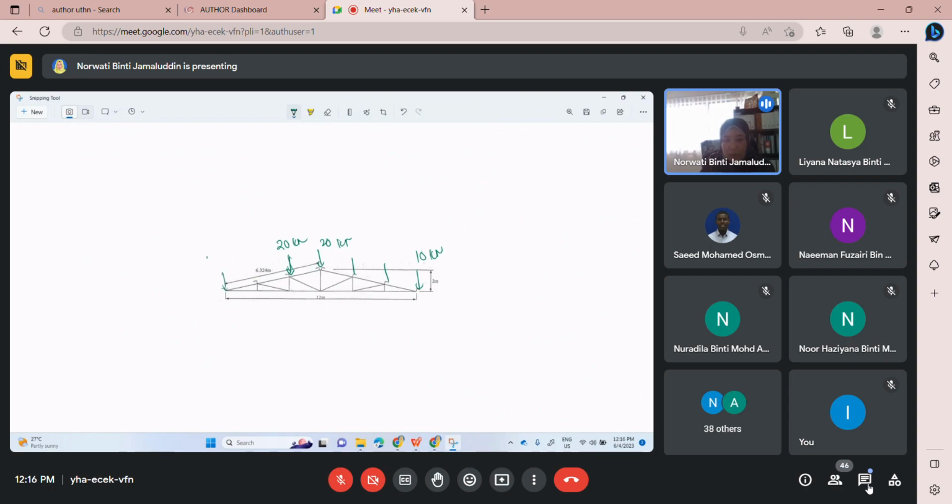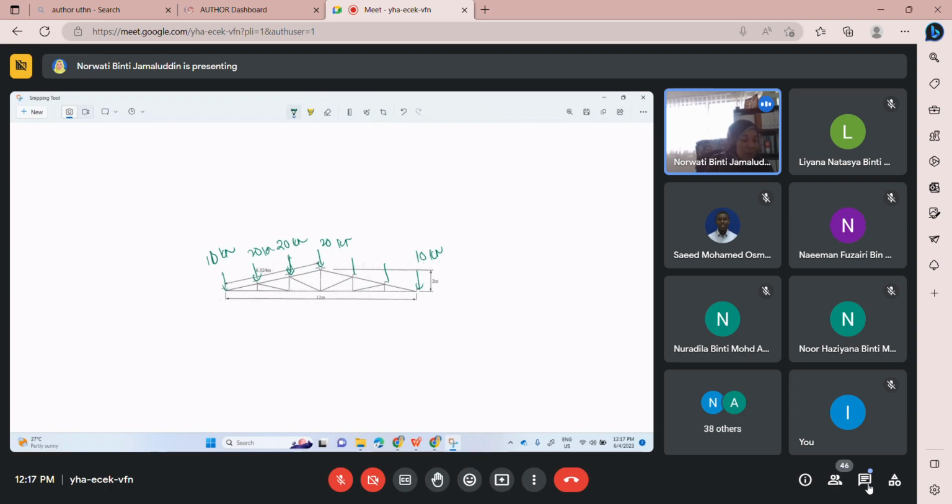Based on this value, now you can proceed with joint method, or the diagram method, in order for you to determine the internal forces.